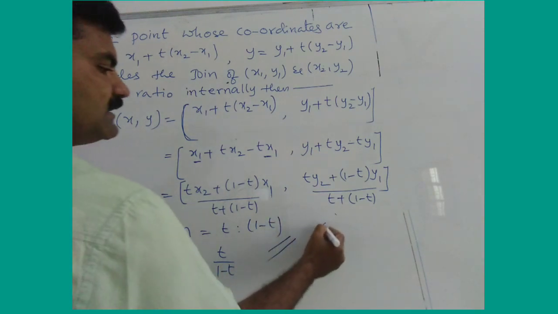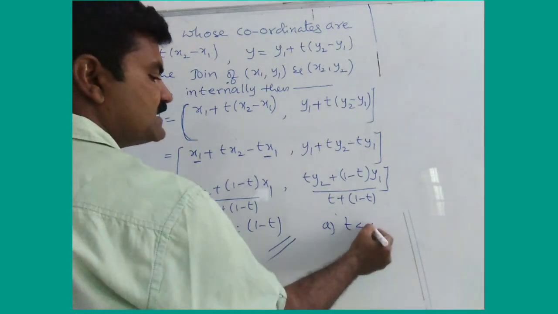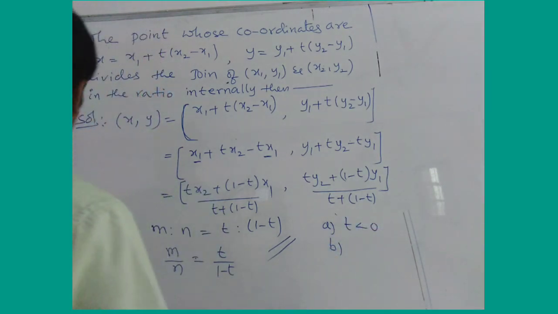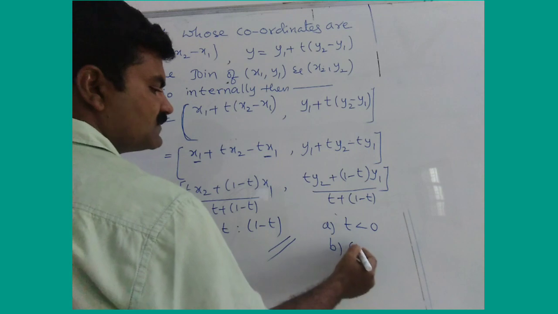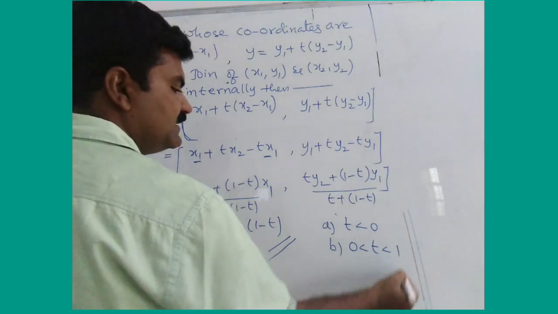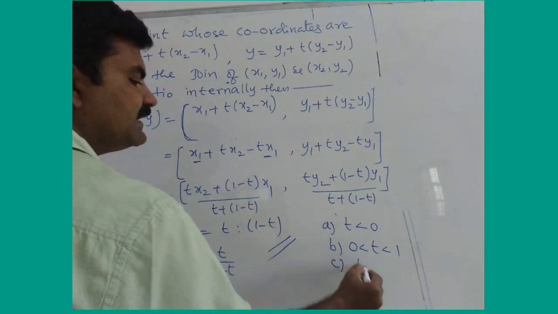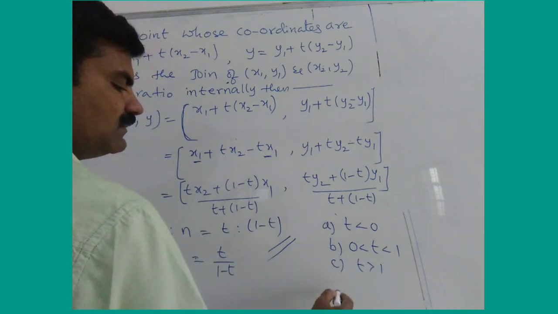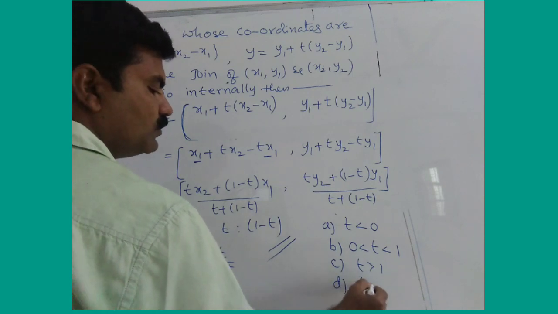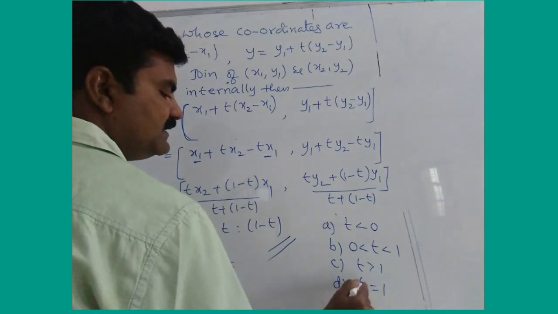So option 1, t less than 0. Second option, 0 less than t less than 1. And option number 3, t greater than 1. And finally, fourth option, t is equals to 1.